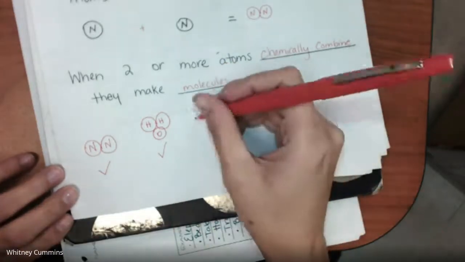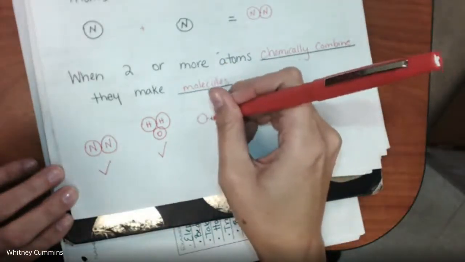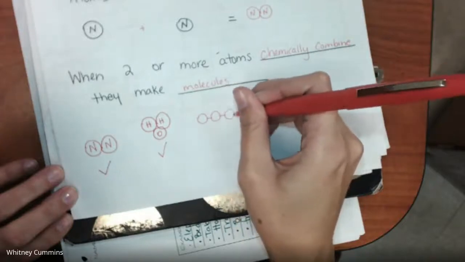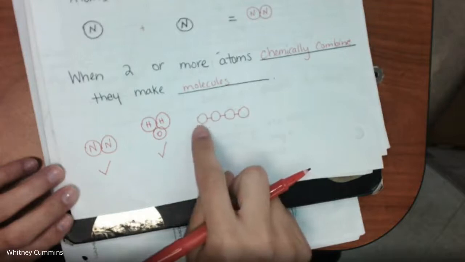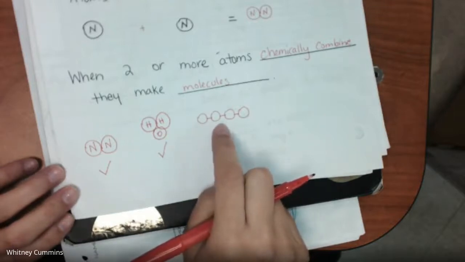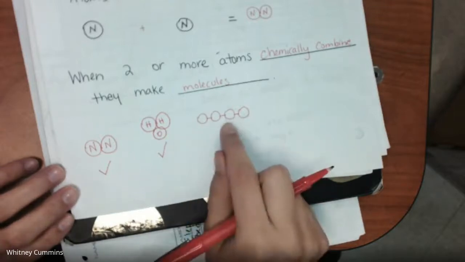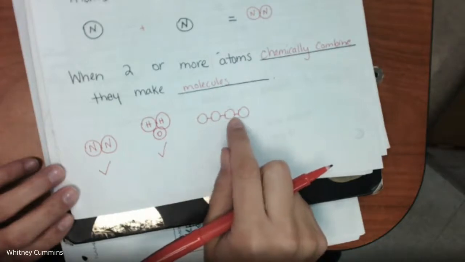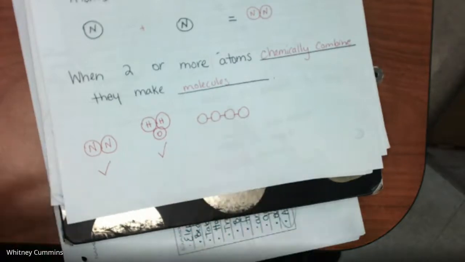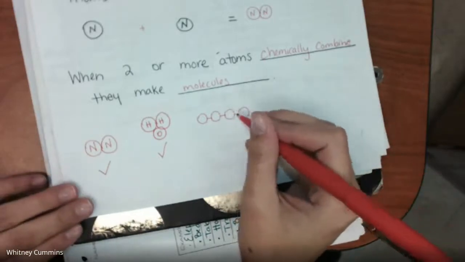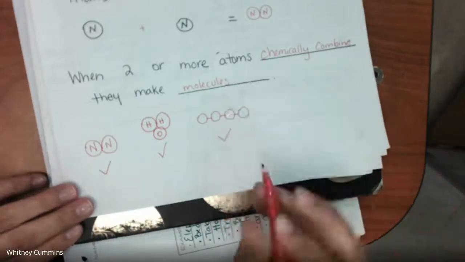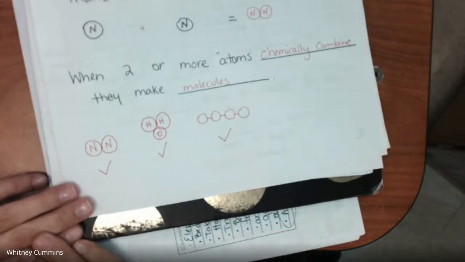You may also see a molecule drawn like this. These are still showing that they're combined. This is what they might call a stick model. When you get into upper level chemistry classes, the number of lines that connect them will matter. But for this case, they are connected, stuck together, chemically combined. This is a molecule.